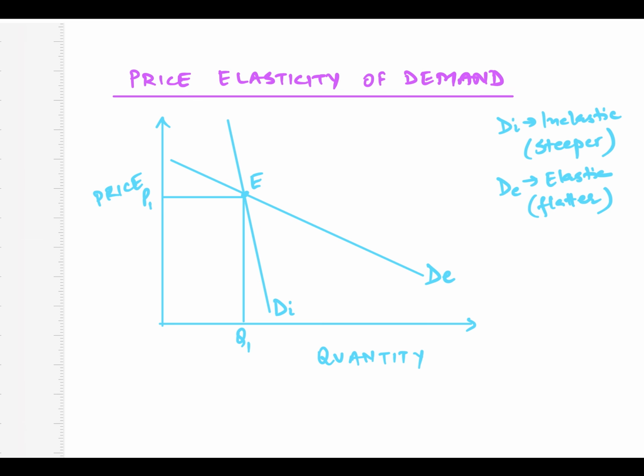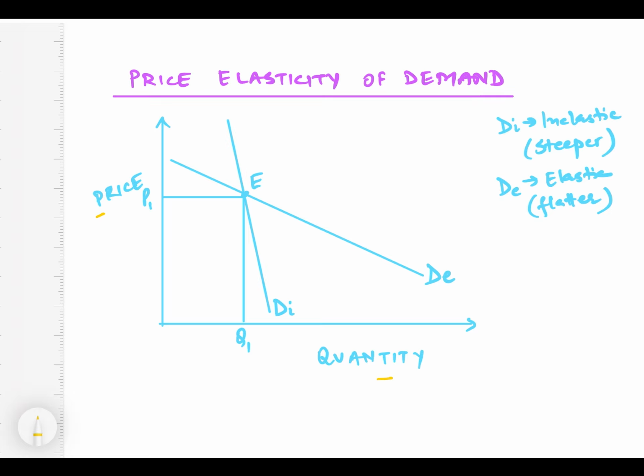Now let's learn the second diagram, price elasticity of demand. Price elasticity of demand measures how strongly quantity demanded responds to a change in price. So as usual, we will start with the basic diagram. You will have price on this axis and quantity on the horizontal axis. Then you are going to draw two demand curves through the same point.